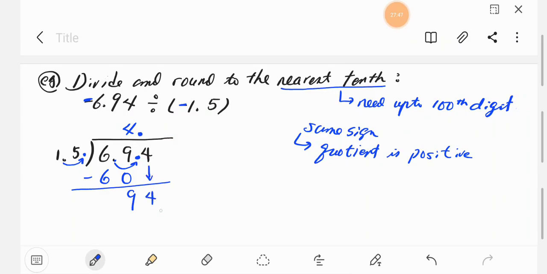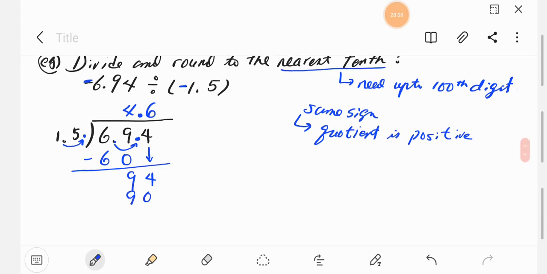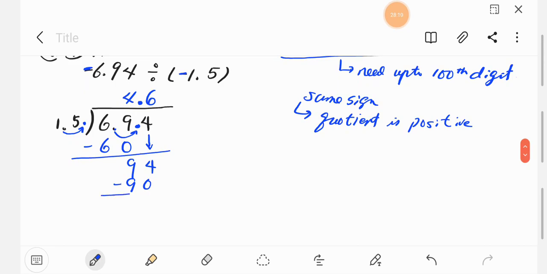Then 94. So how many 15s can fit into 94? Maybe 6. Then 5 times 6 is 30, and 1 times 6 plus 3 is 9, so 90, right? And then subtract. Then 4.